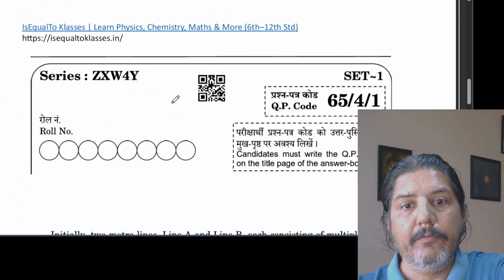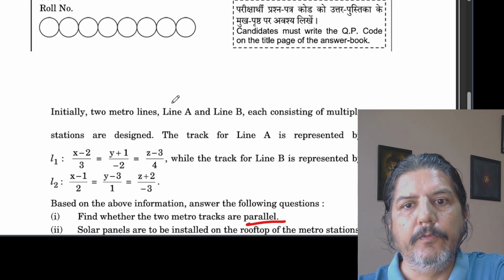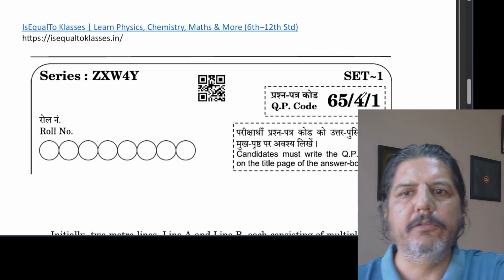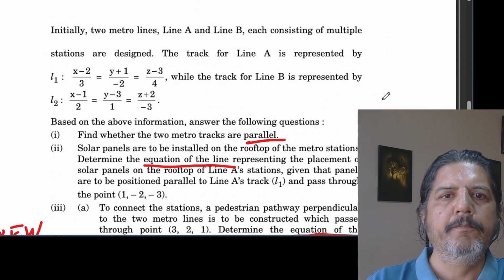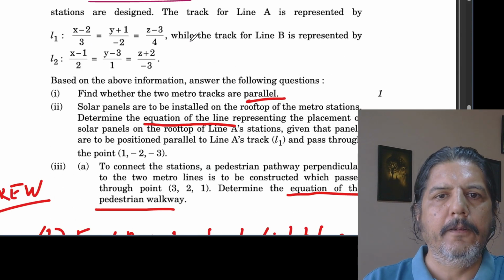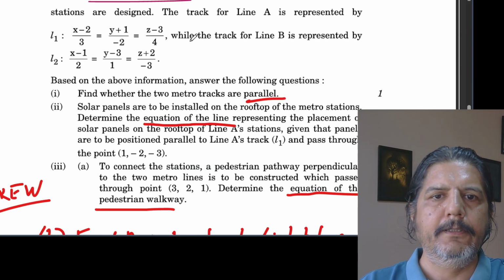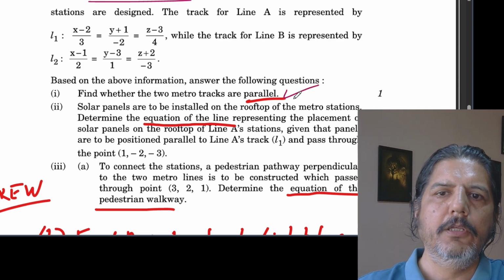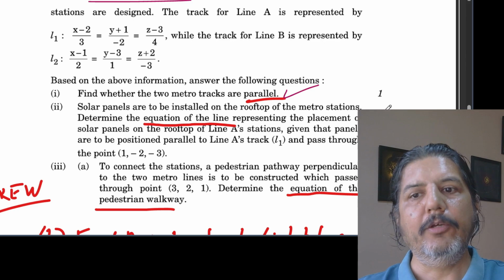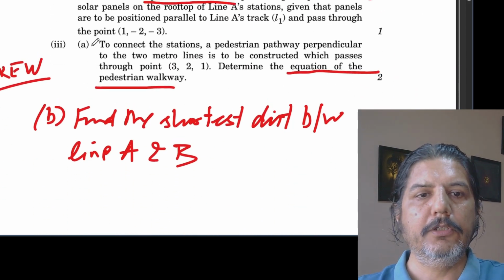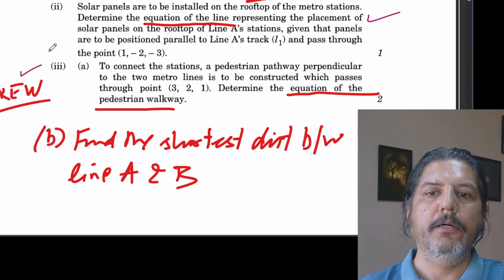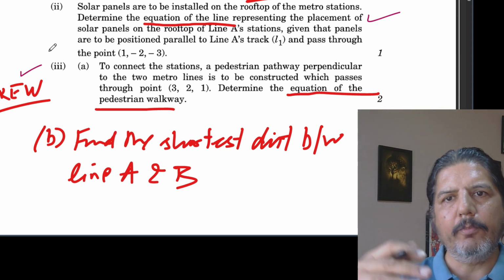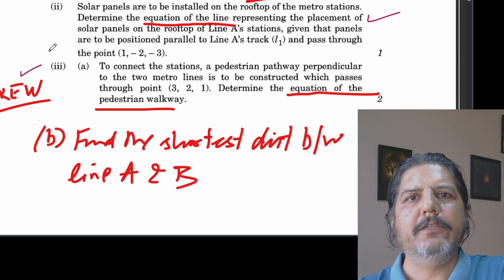There's another beautiful question, which was part of the case study in, I think, set 65/4/1. This is a metro line question. We'll be doing this question next. In this question you'll be using parallel lines, finding the equation, and also using the shortest distance between line A and B. All these concepts are being used. Let's start that question now.